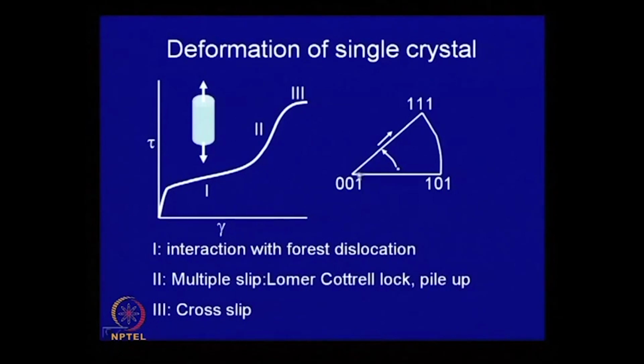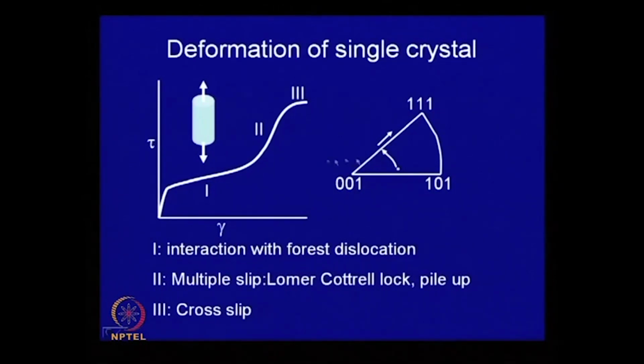Now, when the orientation reaches here, you have multiple slip taking place, and when slip takes place on more than one slip system, then a dislocation moving on one plane will interact with a dislocation moving on another, and form a Lomer-Cottrell lock, and there will be large strain hardening.